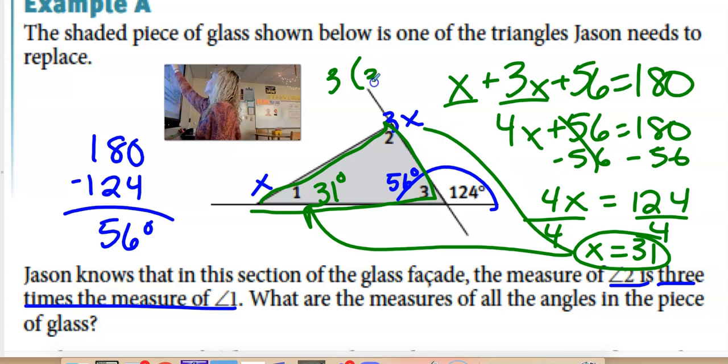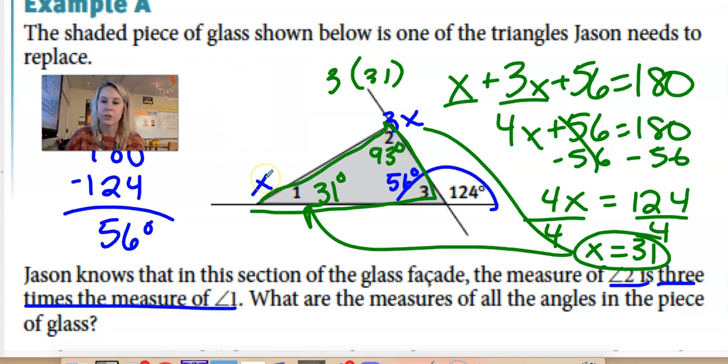So 3 times 31 will give me the measurement of angle 2, which ends up being 93 degrees. Okay, so angle 1 is 31, angle 2 is 93, and angle 3 is 56. On a quiz, if I want to see if I'm right, let me add them all together. So 31 plus 93 plus 56 gives me 180, so I know I'm right. Okay, that is one way of solving the triangle.